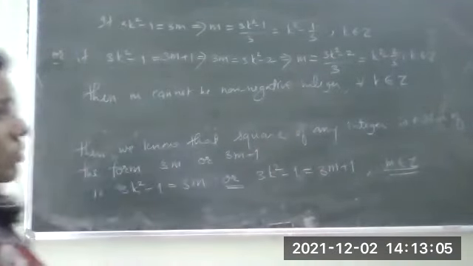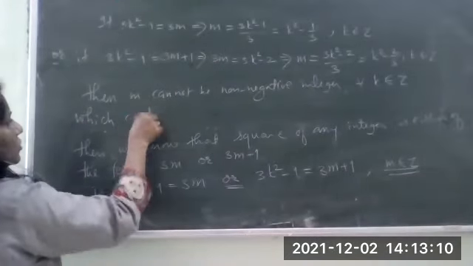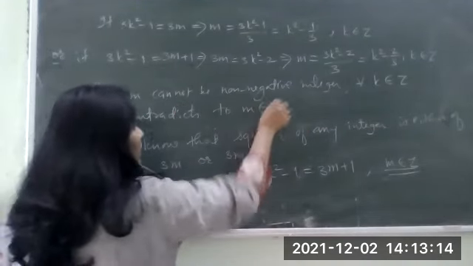So this is a contradiction. Which contradicts m belongs to Z.